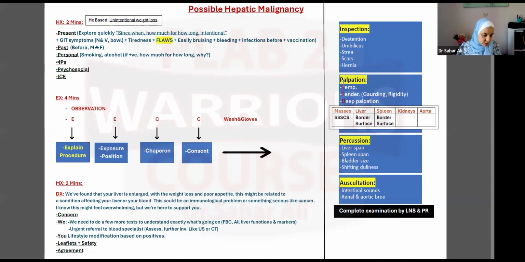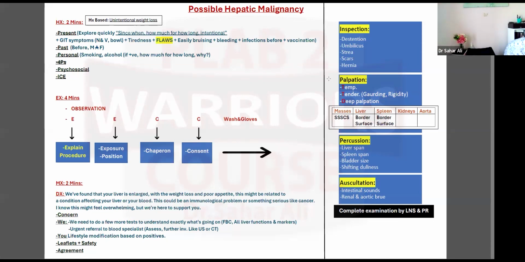When you palpate, you tell the patient, I will have a light feel on your abdomen, and I will press deeply. Okay? You have a problem, Dr. Iman, in just saying the simple words. You are saying medical jargons. Okay? So I will have a light feel on your abdomen or on your tummy, and then I will press deeply.